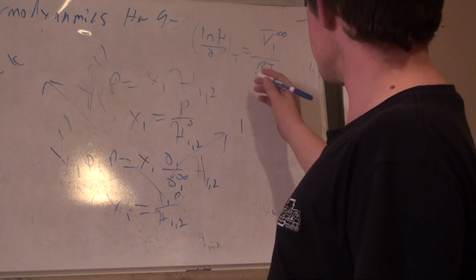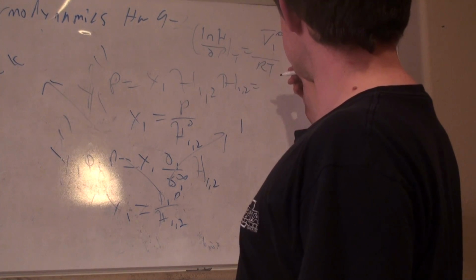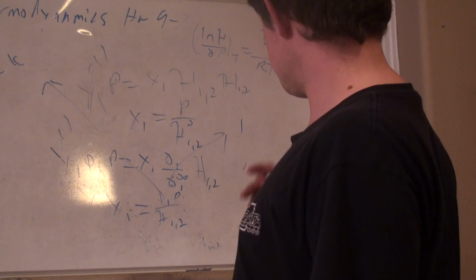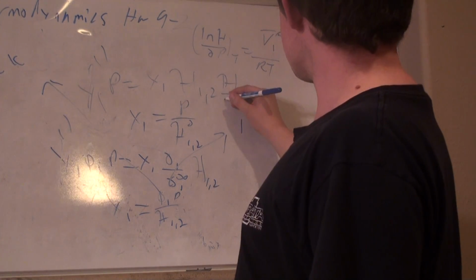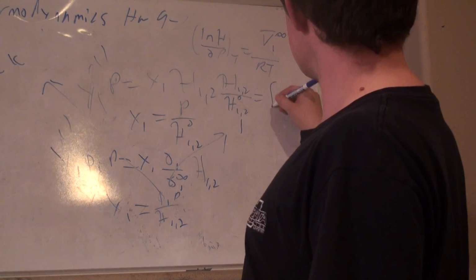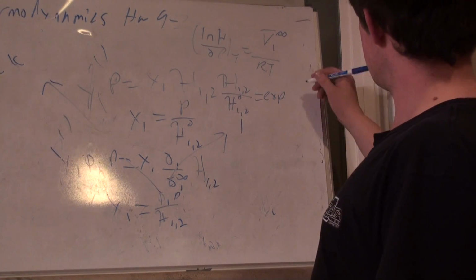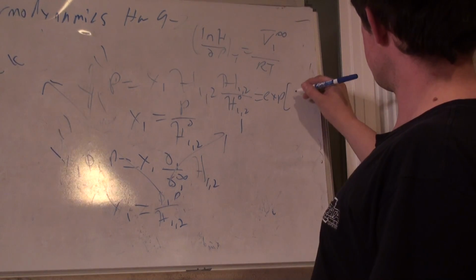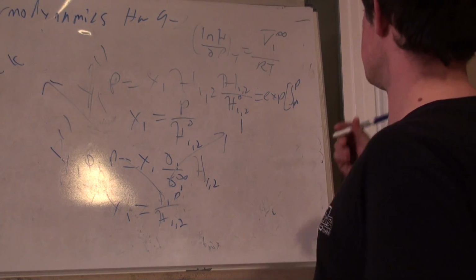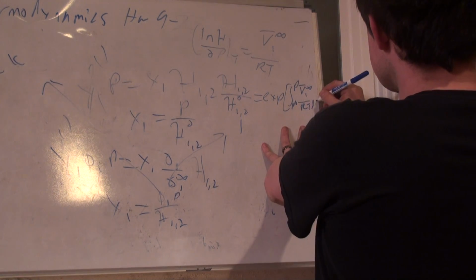If we separate and integrate, the Henry's law constant over the original Henry's law constant is equal to the exponential of the integral from P naught, which is 1 bar, to P, which is 100 bar in this case, of partial molar V1 infinity over RT dP.